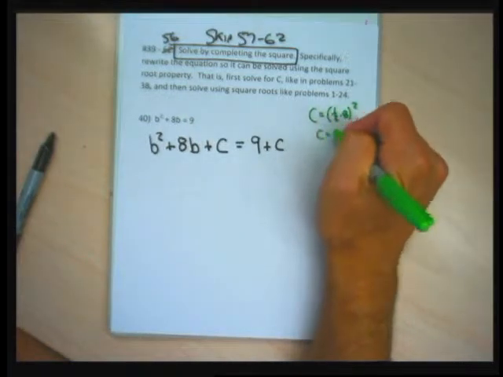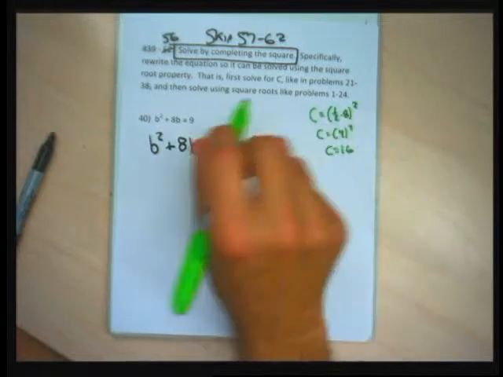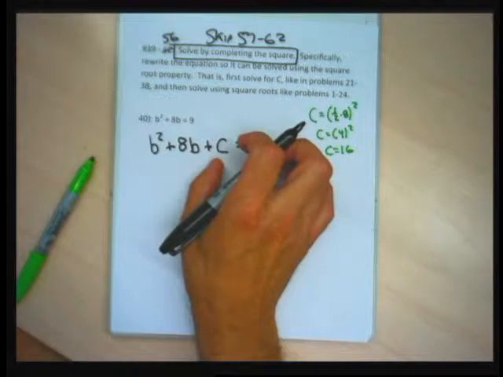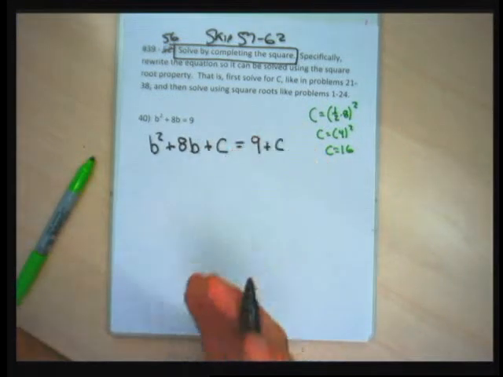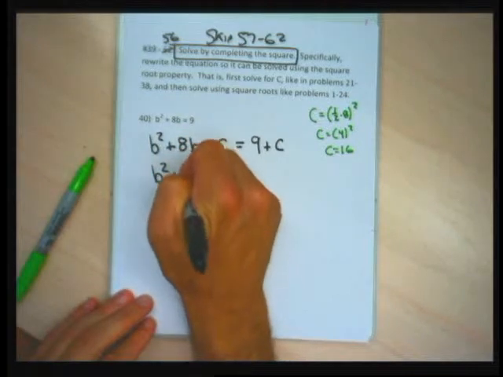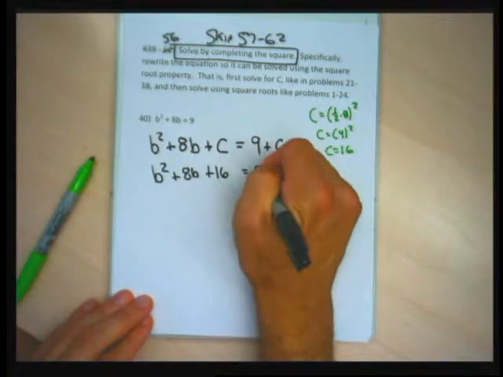Half of 8 is 4, and 4 squared is 16. So for this problem, I'm going to introduce a c. Because I have an equal sign to keep the equation balanced, I have to put it on both sides. So I'm going to go b squared plus 8b, and I'm going to change the c to 16 on both sides.